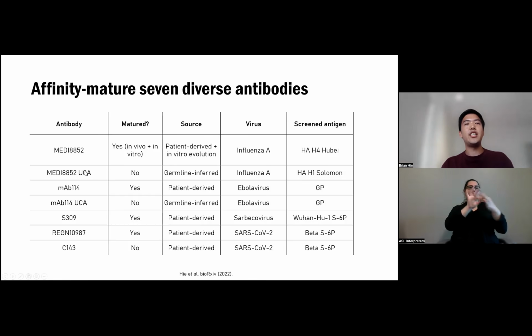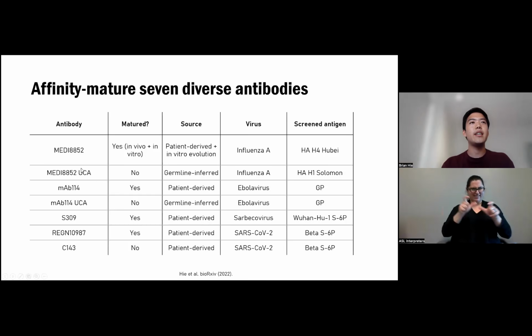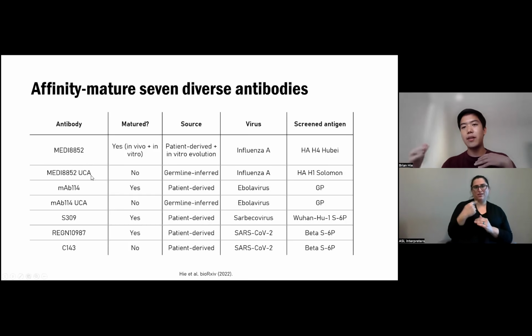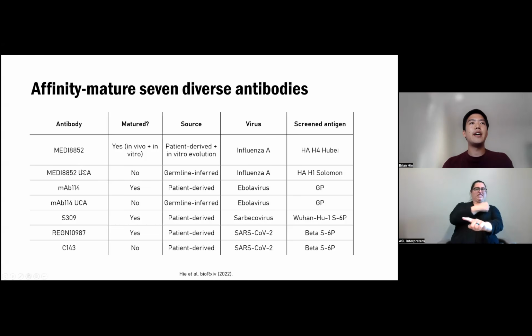We look at the germline inferred sequence of MEDI8852 as an unmatured version of this antibody, the unmutated common ancestor, basically trying to rewind the evolutionary clock and seeing how far we could get from the germline precursor of this antibody. This antibody only neutralizes group 1 influenzas.